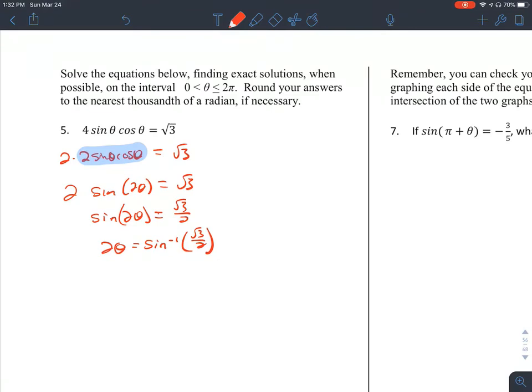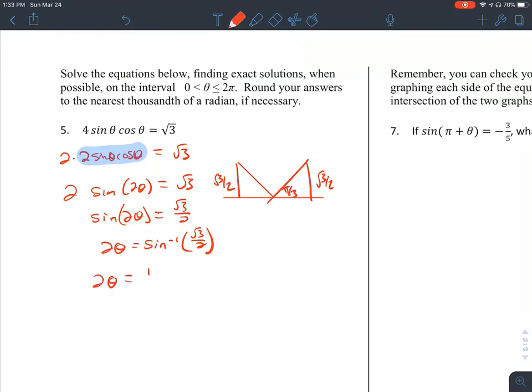Now, where is square root of 3 over 2? That's in a special right triangle, pi over 6, pi over 3, and pi over 2, 30, 60, 90. Just a quick refresher. If it's positive, it's got to be in quadrants 1 or 2. Which makes this angle 60, which is pi over 3.